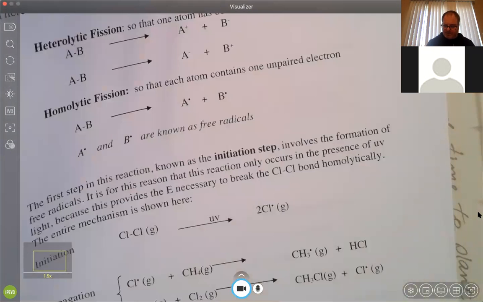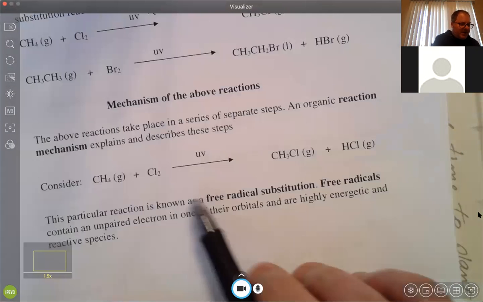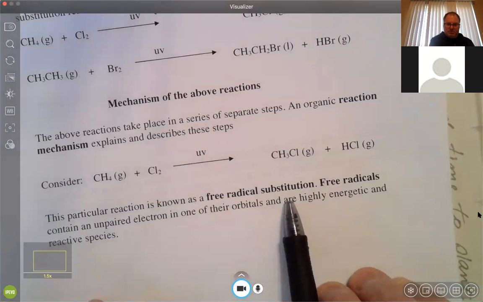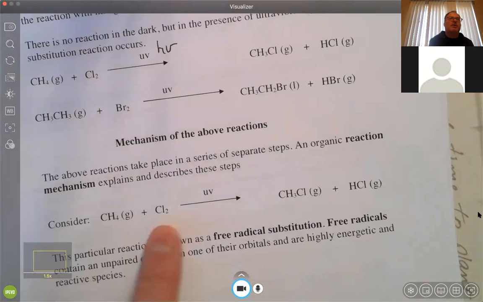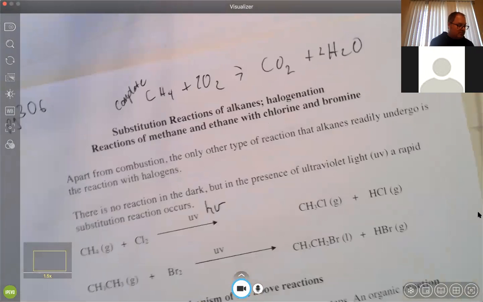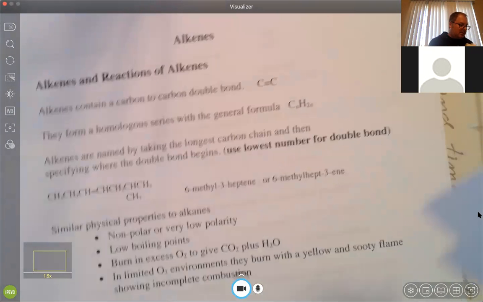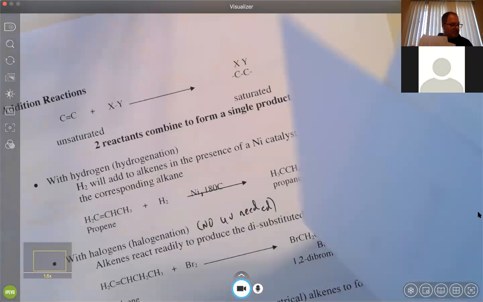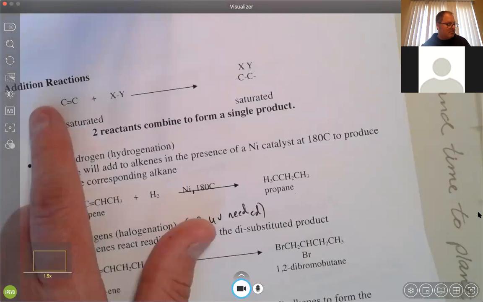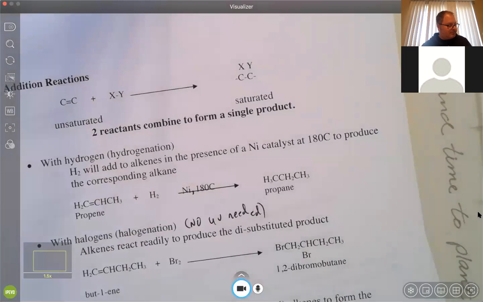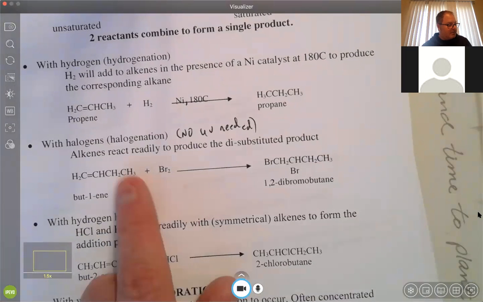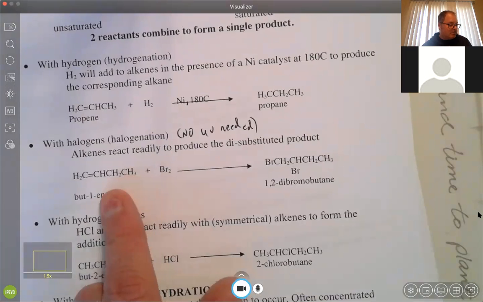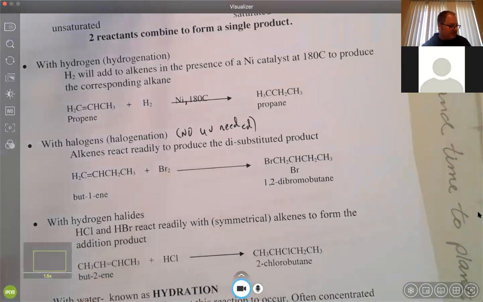Right. So again, free radical substitution is the name of when you're having a halogen react with an alkane, and then electrophilic addition is when you're having the halogen act with the alkene. And these guys again are electrophiles.